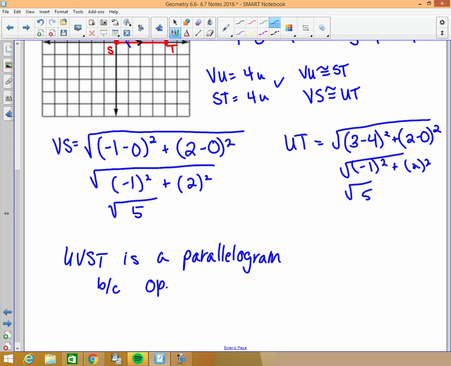Because opposite sides are what? Parallel and what? Congruent. And diagonals what? Bisect. Yes? That's how you do it.